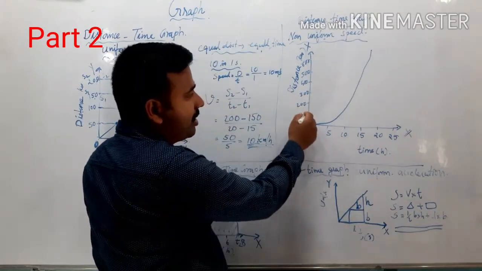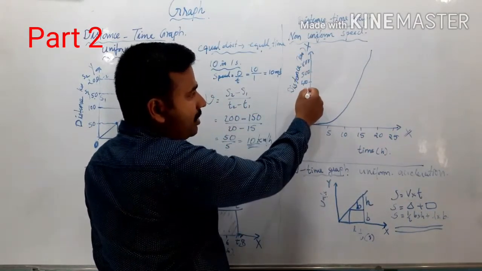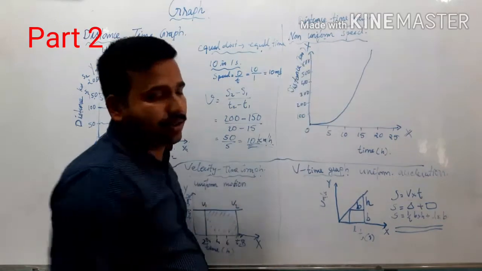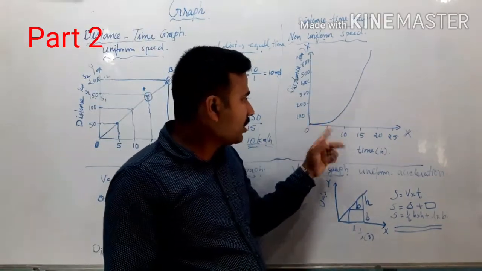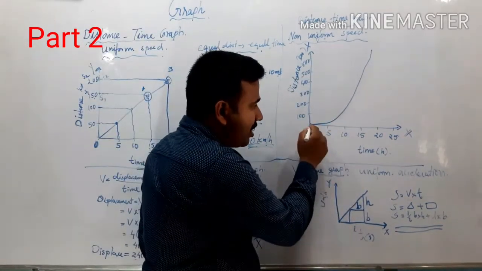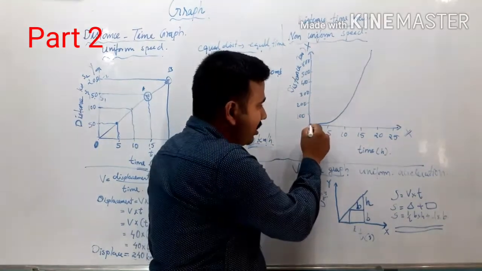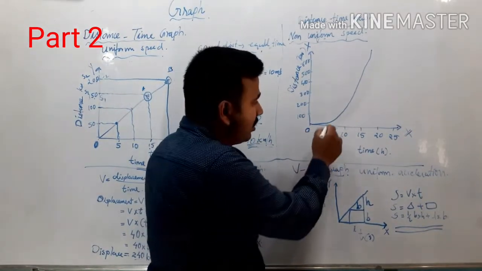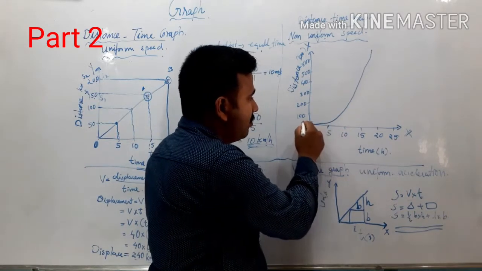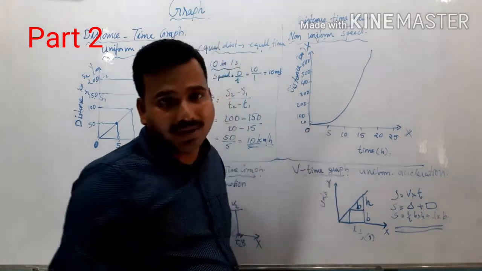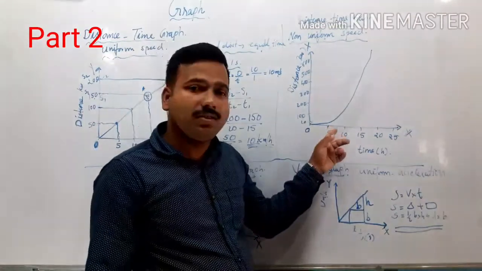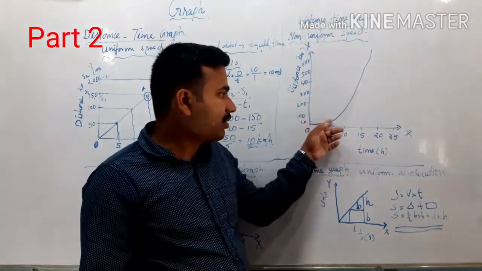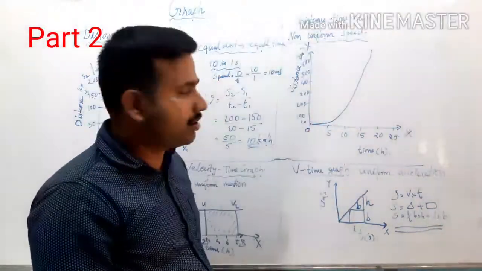On the y-axis I have taken 100 kilometers, 200, 300, 400, 500, 600, etc. See what is happening. The object starts from a particular point at time 0. After 5 hours, the distance traveled is around just 20 kilometers.